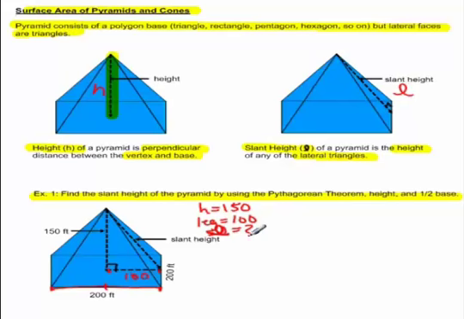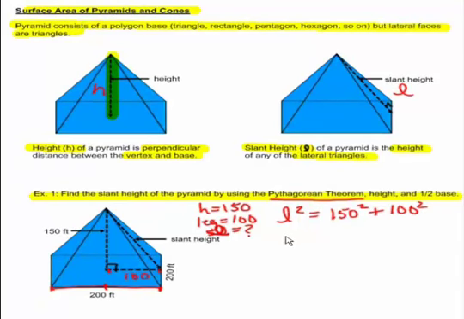That's what we're missing. Okay, so we can use the Pythagorean theorem to do this, because this is a right triangle and we have the two legs, and the slant height is always the hypotenuse. So we can say the slant height squared is equal to 150 squared plus 100 squared.